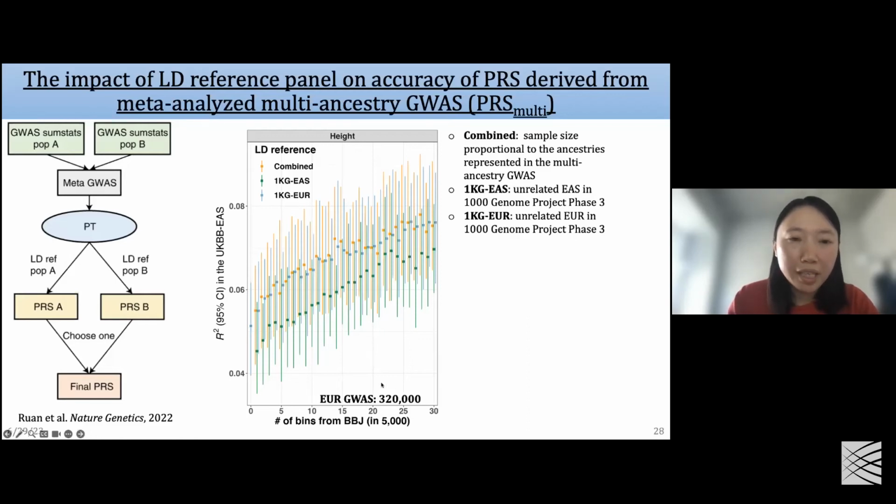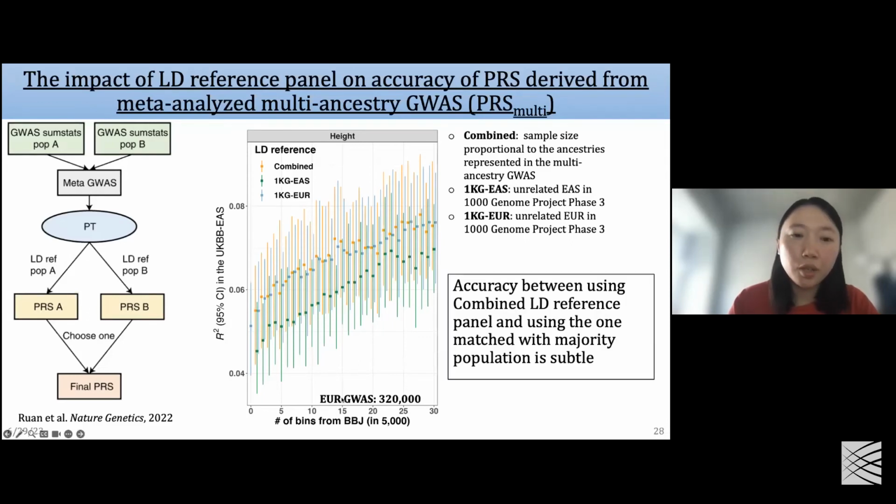We can see that in this scenario, the European population is dominant in the multi-ancestry GWAS. So the accuracy using combined or European as the LD reference panel is very similar, showing the impact of the LD reference panel in this scenario is very slight.